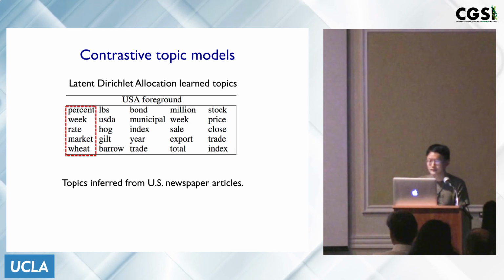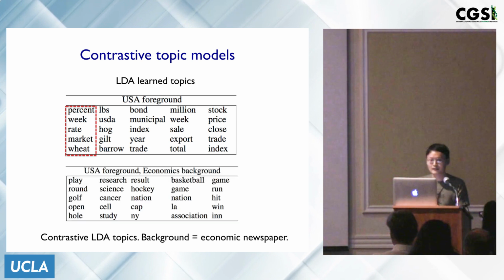So here, just as a proof of concept, I want to take as my background some other set of newspapers that also has a lot of finance, something like maybe the Wall Street Journal. So I have another set of documents that has economic information that's my background, and I do my contrast. The contrastive topic model in this case would learn the bottom set of topics, which are actually very different.